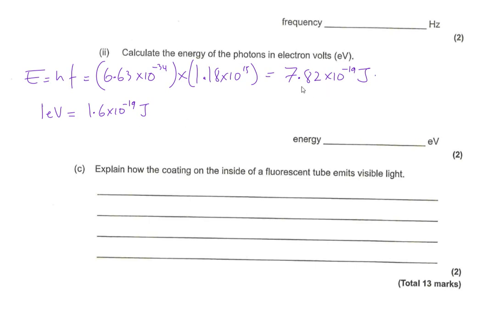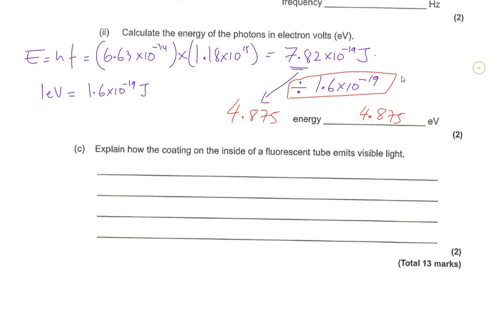I'm looking for this in joules, so I need to divide it by 1.6 power 19, and this will give me an answer of 7. So this is what I need to do. I need to divide. Some people forgot to divide.